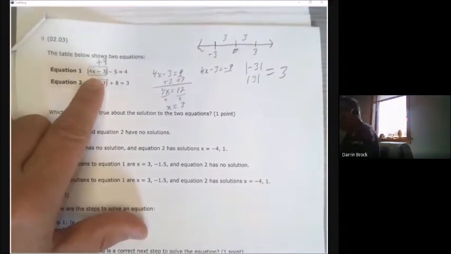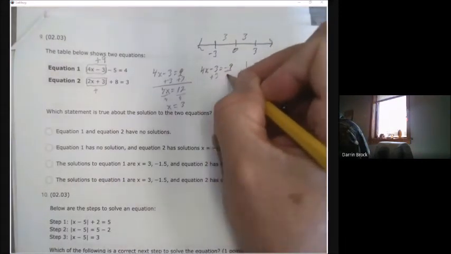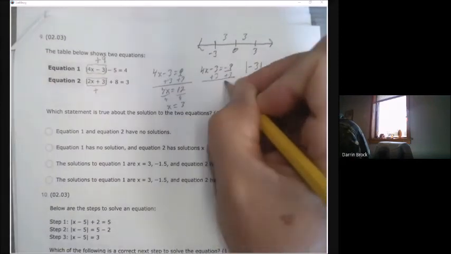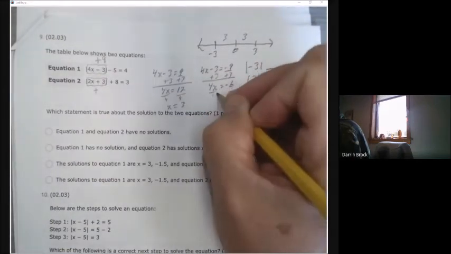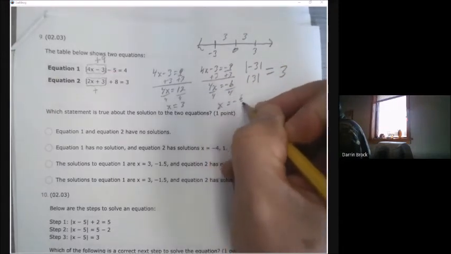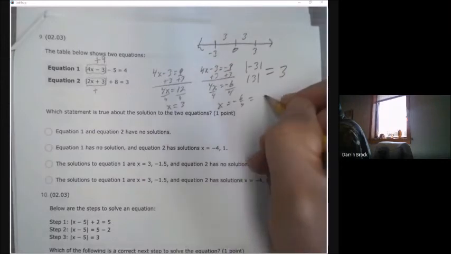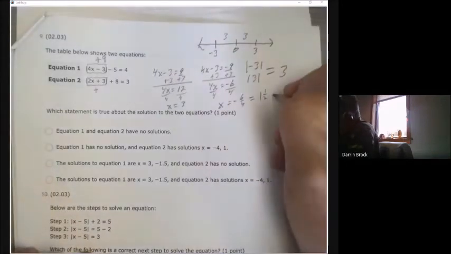So if it's -9 and we add 3, we get 4x equals -6. We divide that by 4, we get x equals -6/4, which is the same as -1 1/2, or -1.5.